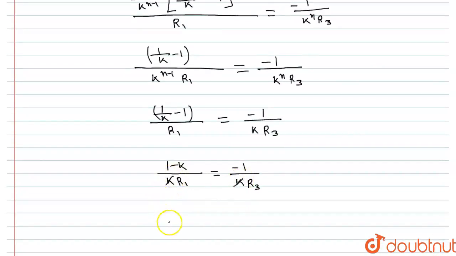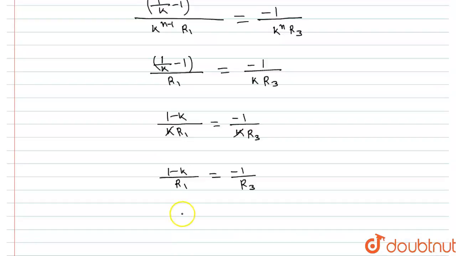So 1 minus k divided by R1 is equal to minus 1 divided by R3. Clear. Now from here we can see that R3 into 1 minus k is equal to minus R1, clear this.